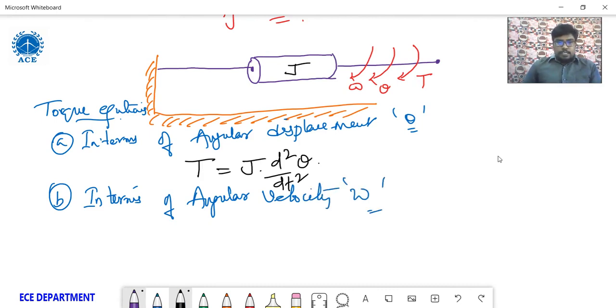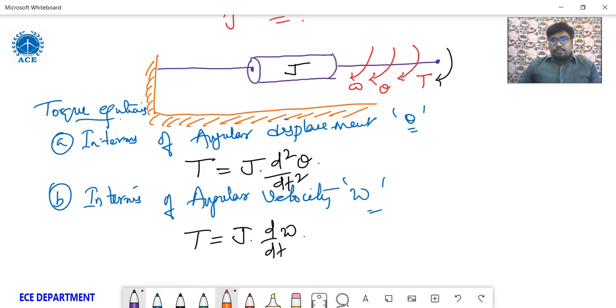So what is the torque equation? See, in this direction torque is applied, right? Torque is equal to J, the inertia element, into d by dt of angular velocity. Where T is the externally applied torque.